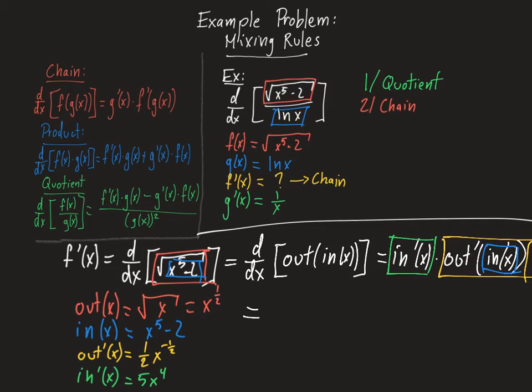I said that in prime of x is 5x to the 4th. Then we have a multiplication symbol. Then we have out prime of x, which is 1/2 times whatever we're plugging in, which is then being raised to the negative 1/2. And the thing that we are plugging in here, mind the parentheses, these are important, is x to the 5th minus 2.